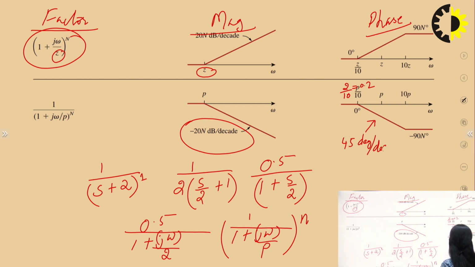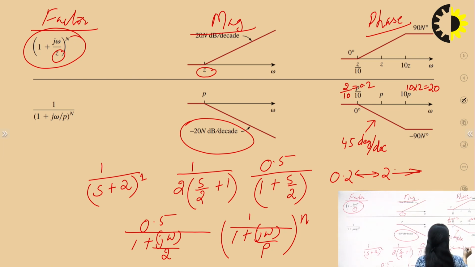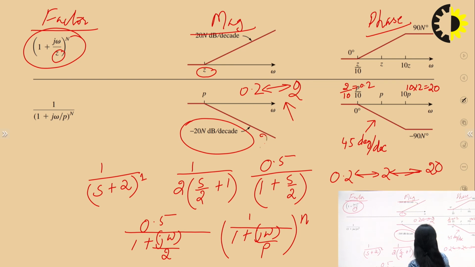How is it like that? Now, when I go from here till this point, we can see that this is the slope here. So 10p is nothing but 10 into 2, that is 20. So from 0.2 till 2 is 1 decade, and then from 2 to 20 is the next decade.